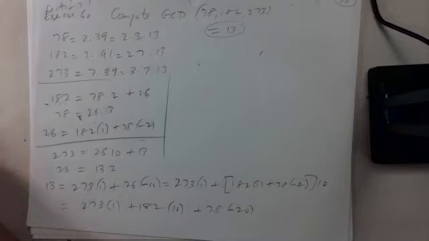Professor, one question. In chapter 3.1, I just want a clarification. How do you prove if something is a complete set of residues modulo M? Are the 2 requirements basically that it has to have M elements and they have to be disjoint? Not disjoint. The congruence classes have to be disjoint. A set of representatives means you have M numbers, no 2 of which are congruent to each other.